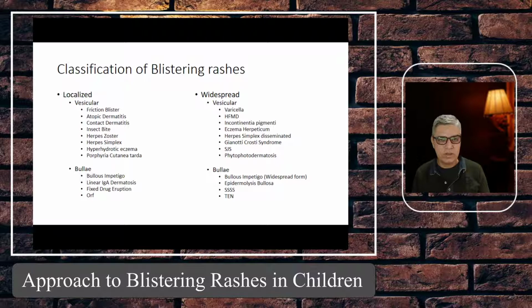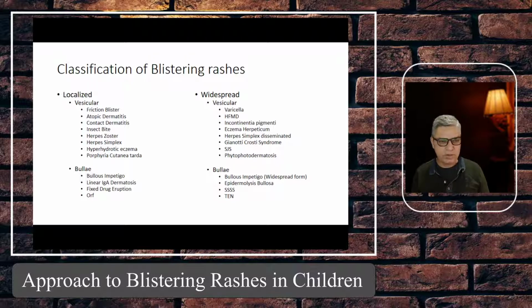As they grow, the pattern usually changes and they become more predominant on the extensor surfaces. But many times in mild eczema, you might see a patch on the chest, the abdomen or the face. It can become vesicular in nature, though most of the time it would be a rough patch of skin because of lichenification, but sometimes, as a child is scratching, it can become vesicular as well.